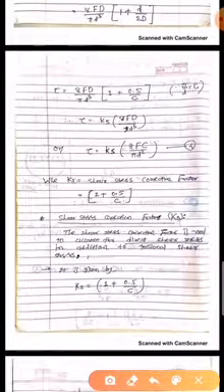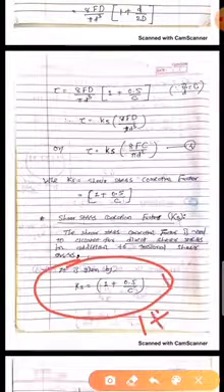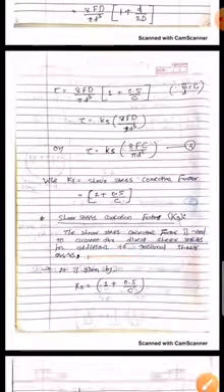Whenever direct shear stress is induced, we can use the shear stress correction factor Ks. It is given by Ks is equal to 1 plus 0.5 by C or 1 plus 1 by 2C. Both are same, right?